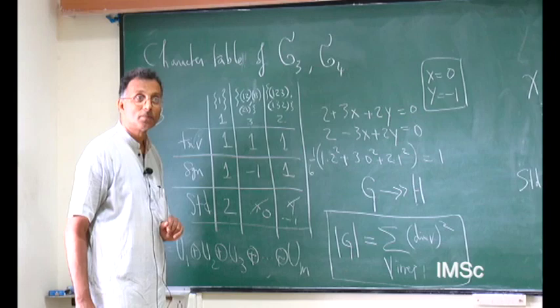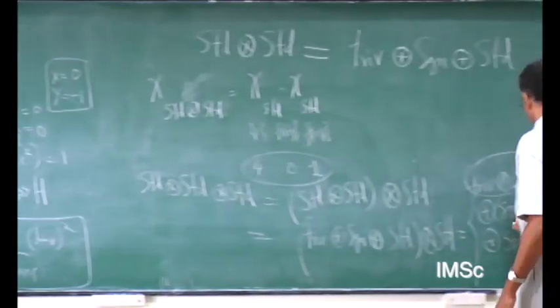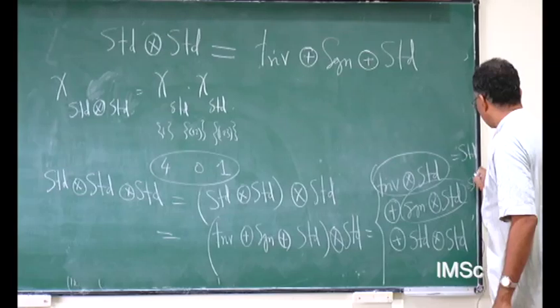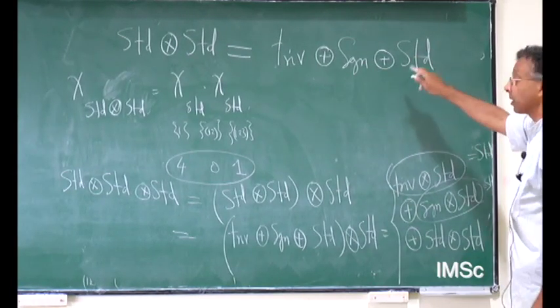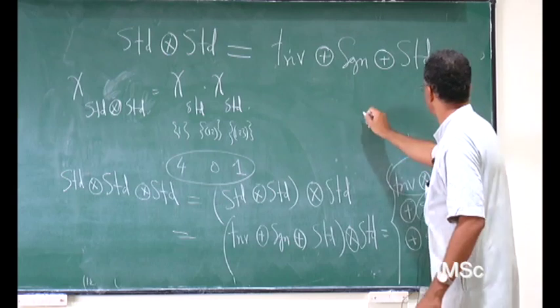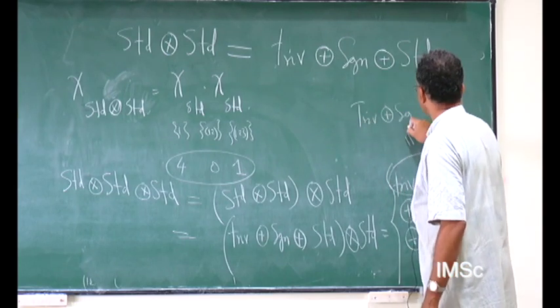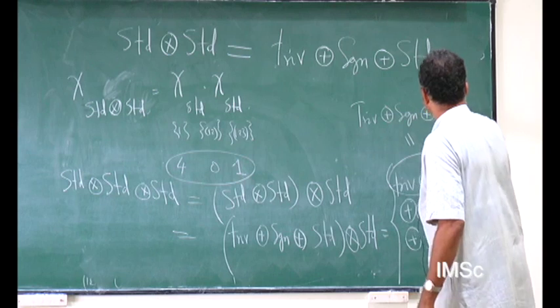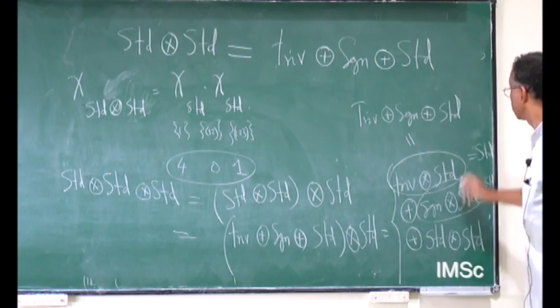So this is also standard. And this I know is triv plus standard plus sine plus standard. So the final answer is triv plus sine plus standard. There is 1, 2 and 3 here.